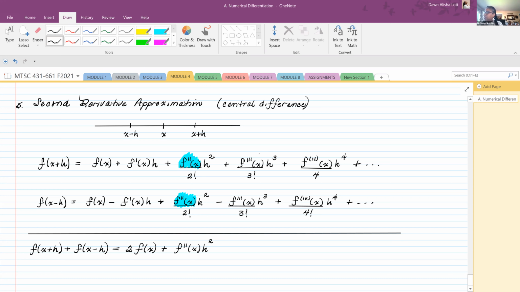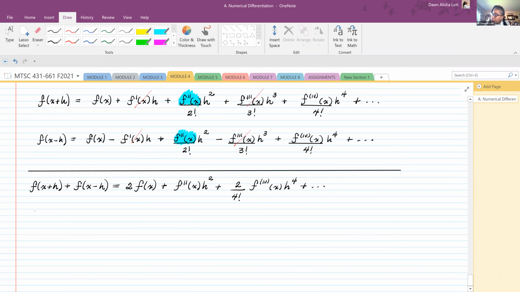When I add, these are going to drop out, just like these dropped out. These are going to drop out. And so now I'm going to get 2, and this should be 4 factorial. So I get 2 over 4 factorial, the fourth derivative of x times h to the fourth, plus other terms. So now I can solve for the second derivative.